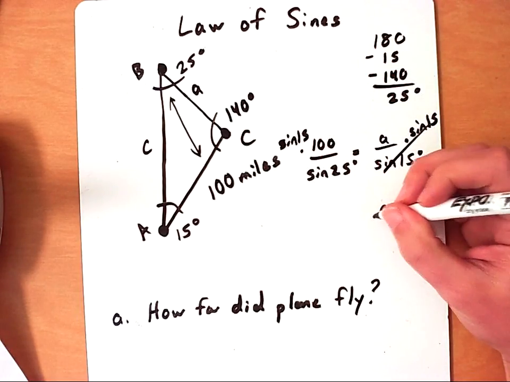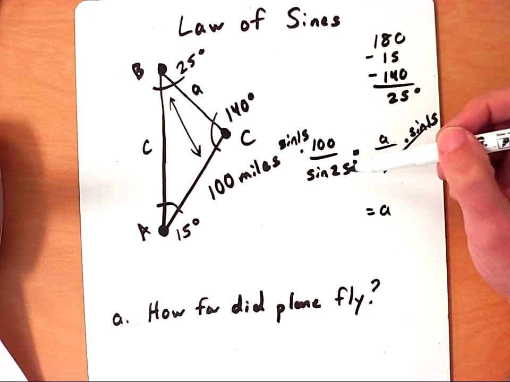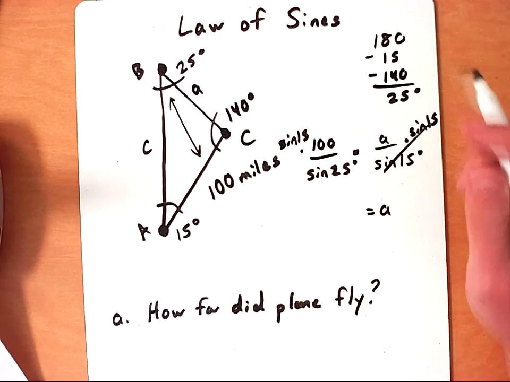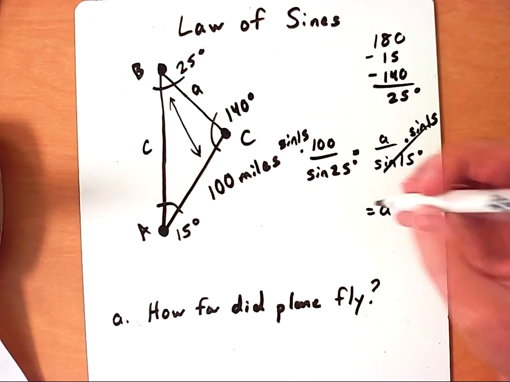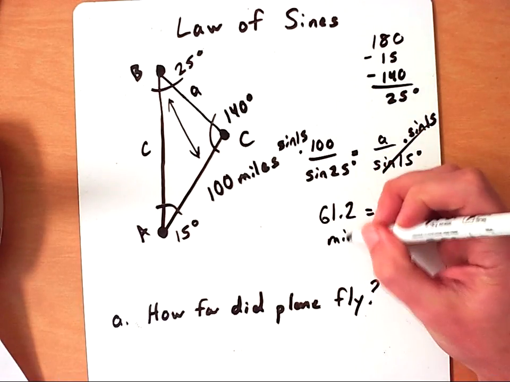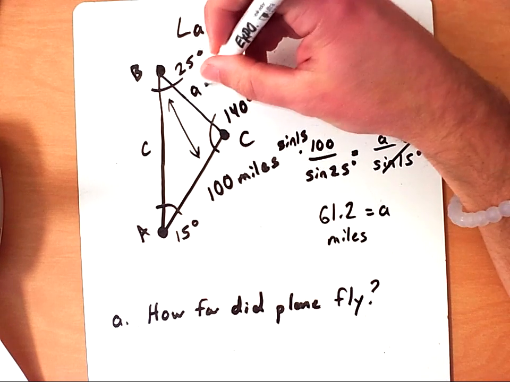All right, over here, these are going to cancel out, leaving with just A. And over here, I'm going to have 100 divided by the sine of 25 times the sine of 15, which, if I work out, is going to give me 61.2 miles.